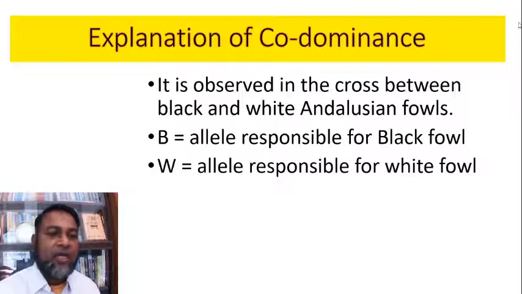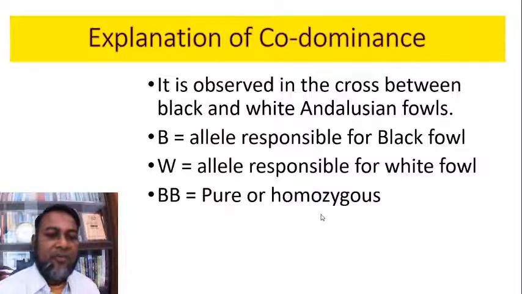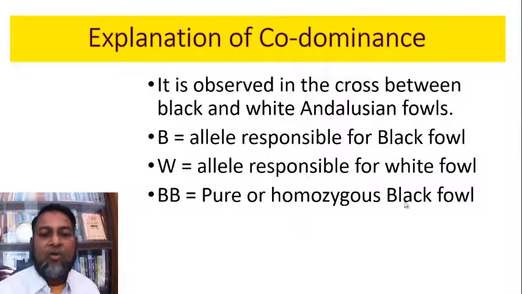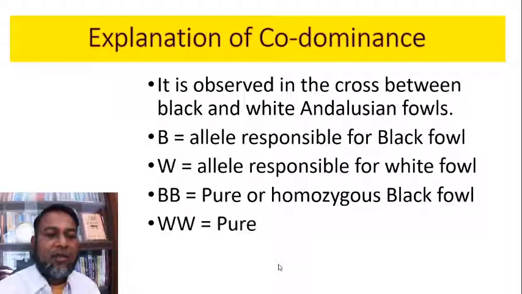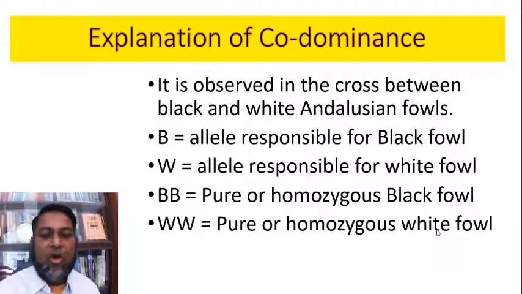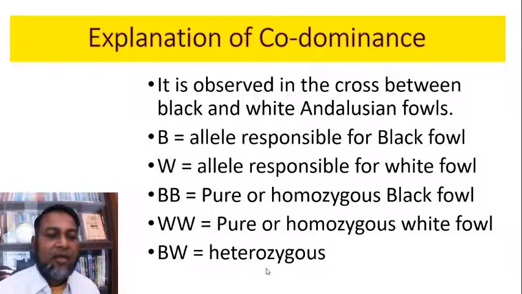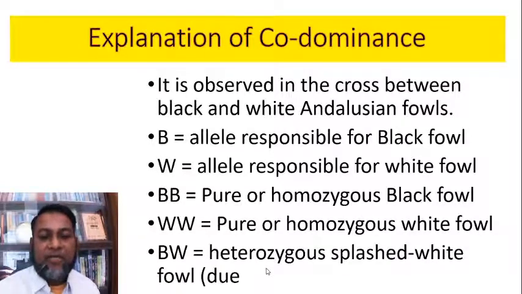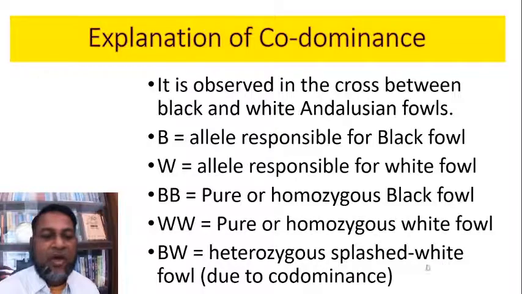We use capital W for the allele responsible for white fowl. BB means pure or homozygous black fowl. WW, pure or homozygous white fowl. BW, heterozygous splashed white fowl due to codominance.